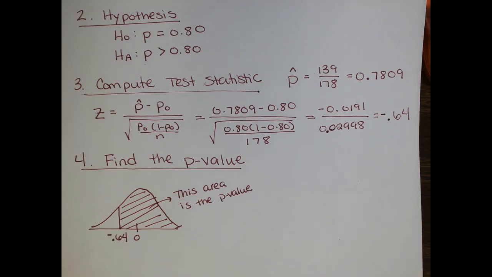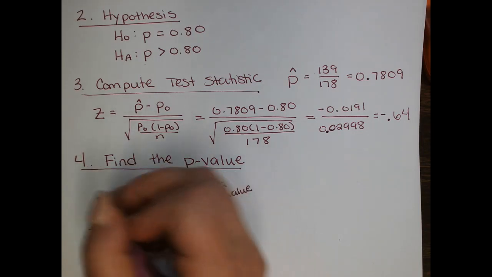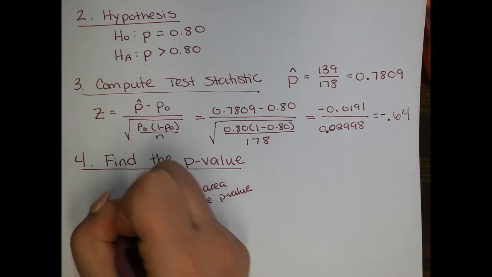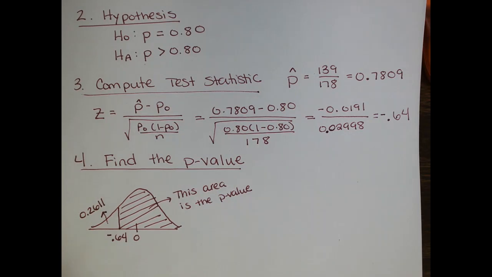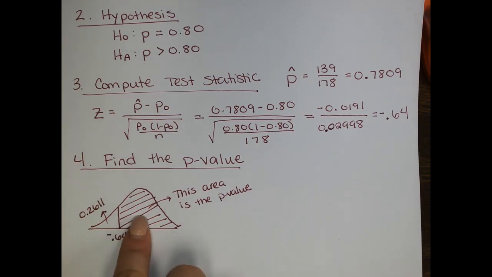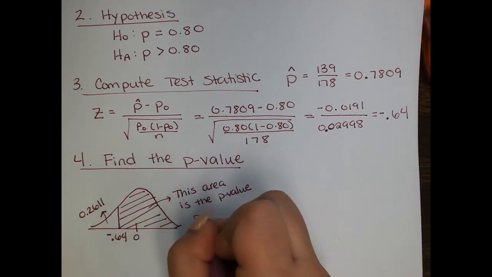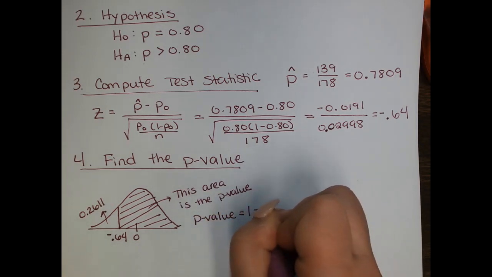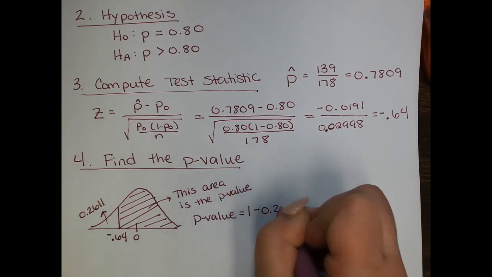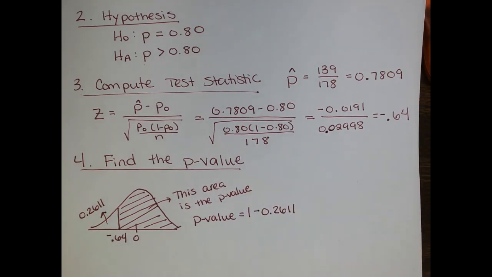To do this, what you'll want to do is use your standard normal curve. So if you use your standard normal table, what you should find is this area right here is equal to 0.2611. This tells me that this area, which is my p-value, is equal to 1 minus 0.2611.